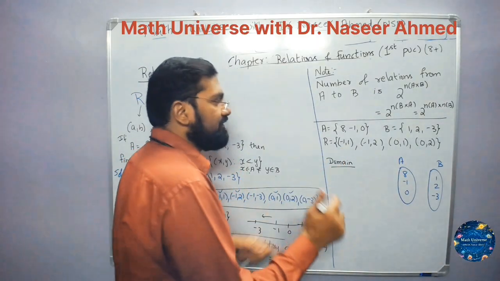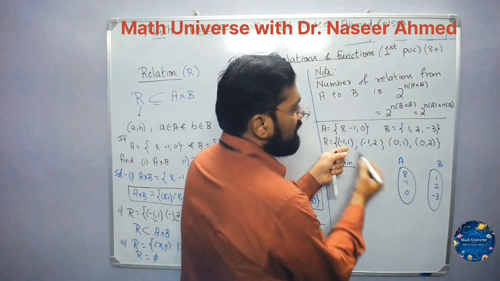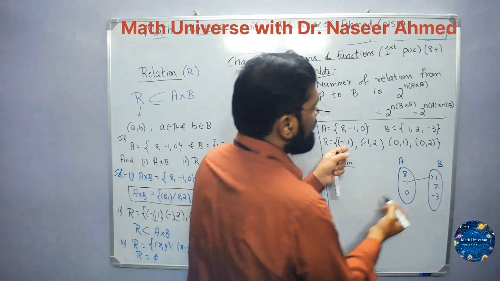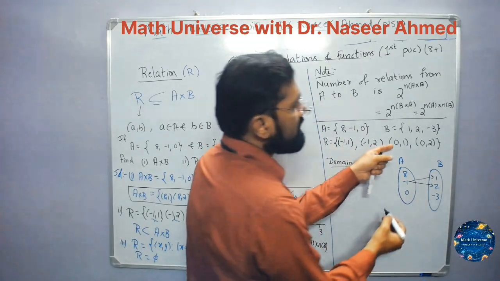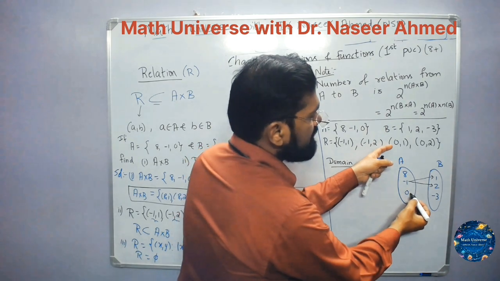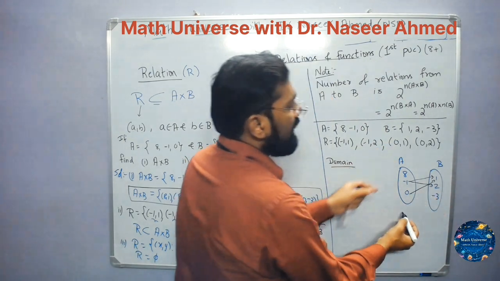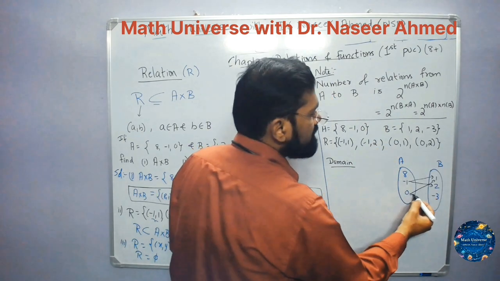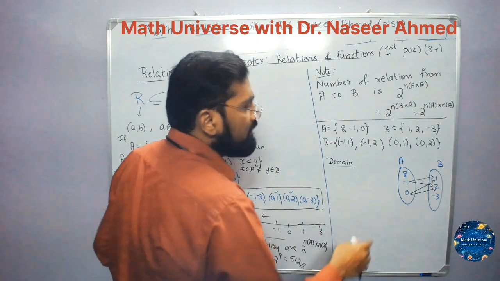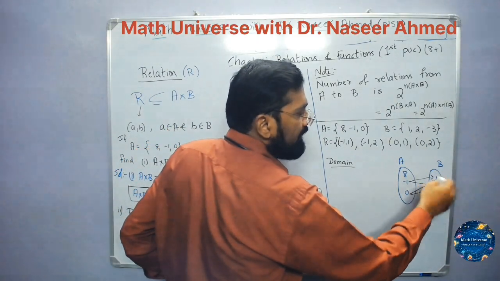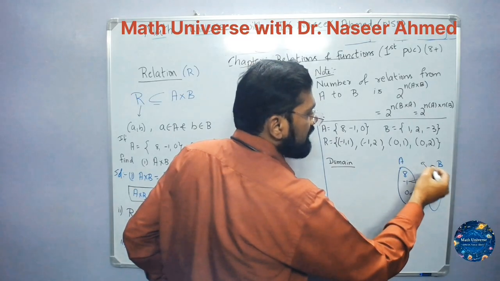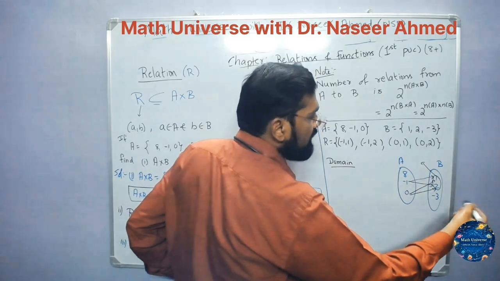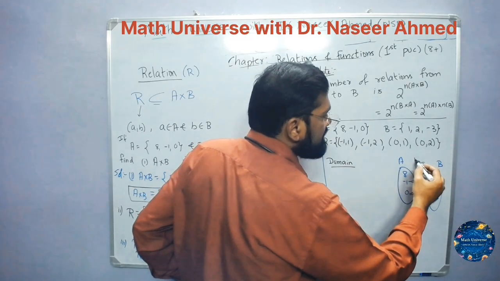I mean to say, see this, -1, 1. So -1 is mapped to 1. -1, comma 2. So -1 is mapped to 2. 0, comma 1. So 0 is mapped to 1. Then 0, comma 2. So 0 is mapped to 2. Now, whatever element is mapped here, that is here 1, comma 2, these we call images. Nothing but the set of images we call range.